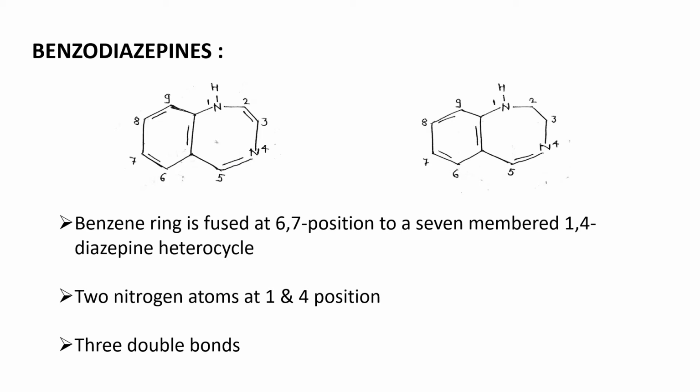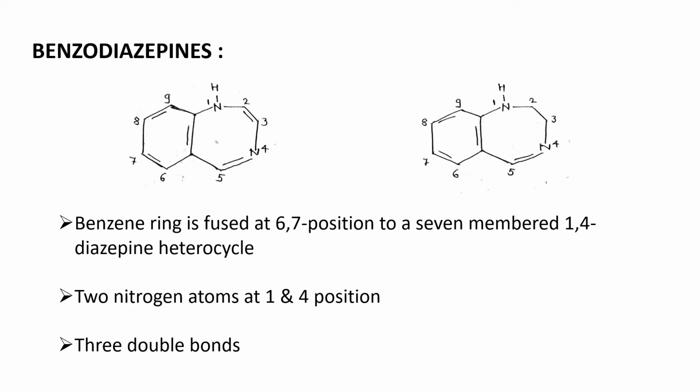And if you see this structure, then the name is 2,3-dihydro-2H-1,4-benzodiazepine. Now what is the difference between them?